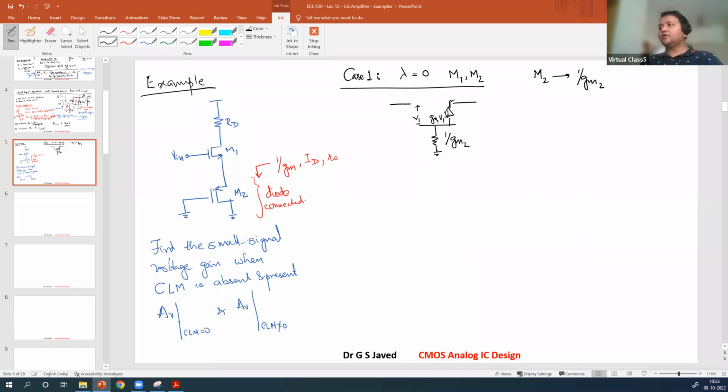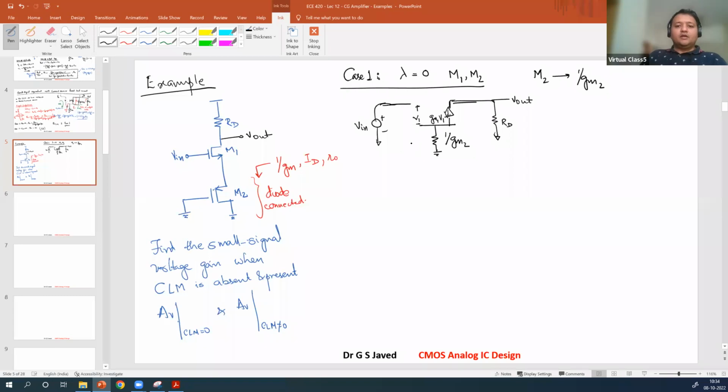In the absence of r0, you are only left with RD. Where is the Vout taken? Here is Vout. In this case, this Vout will be here. Input Vin is connected at this place.